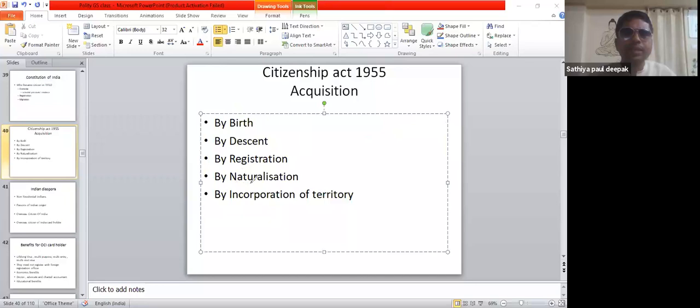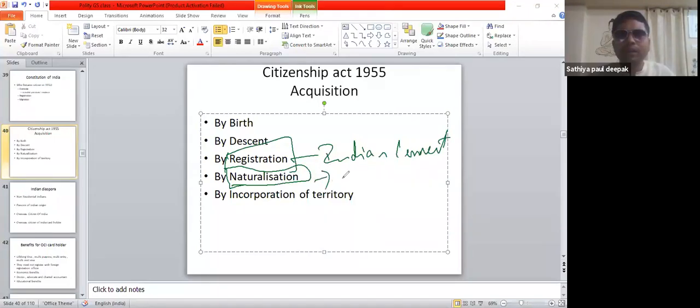Now, what do we understand by them? Registration is for those people who have an Indian connection. Naturalization is for complete foreigners.